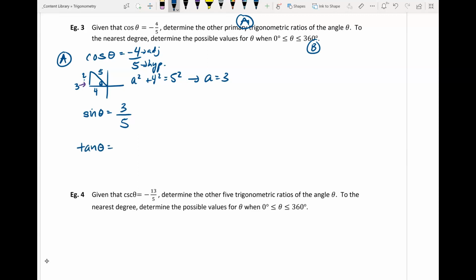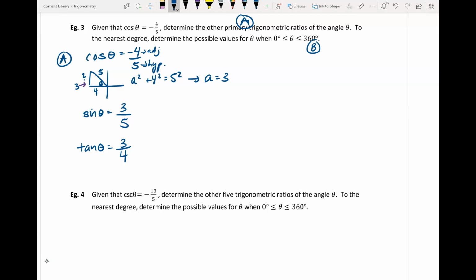Then for tan theta, this is opposite over adjacent, so that's 3/4. And these are our ratios for some angle.